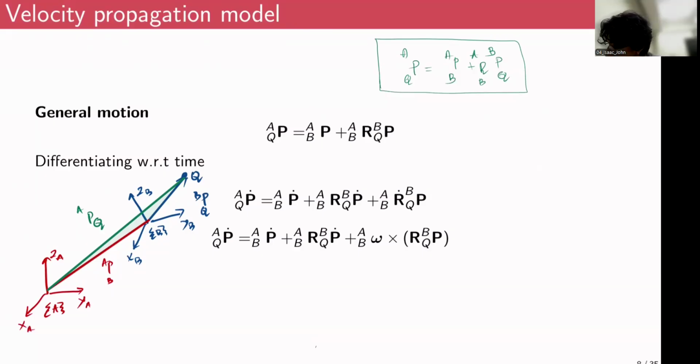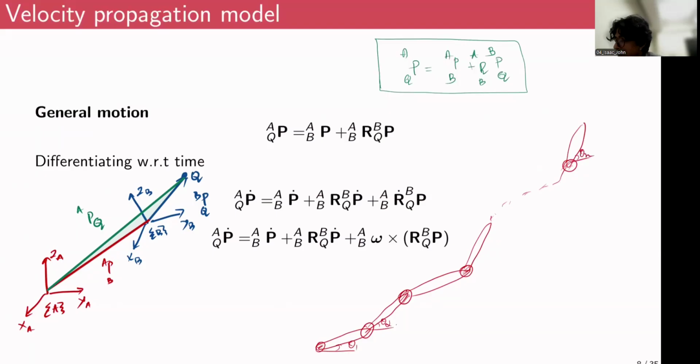So for example, if you have a robotic manipulator having multiple rigid bodies, and each of these rigid bodies are connected by joints, maybe a revolute joint or spherical joint. And each of these joints are associated with a joint variable, maybe theta 1, theta 2, all the way to theta n. And your end effector will also have a velocity.